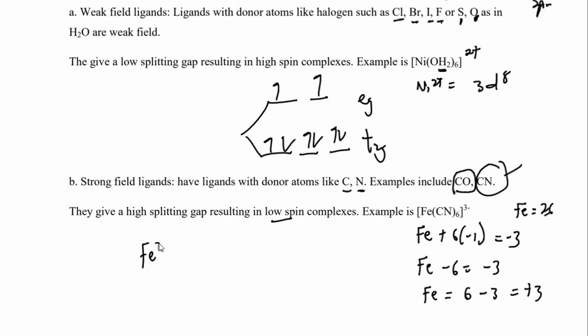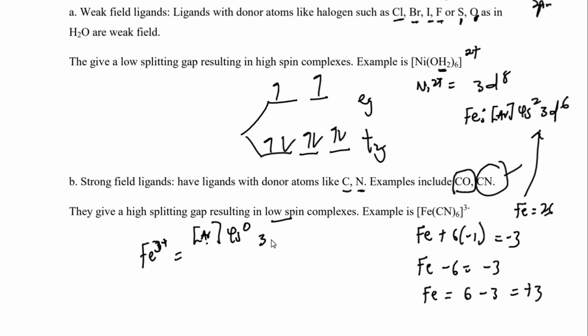So Fe3+ has a configuration of what? Fe is basically Ar 4s2 3d6. It has lost 3 electrons, so the 4s goes to 0 and this one will be 3d5.